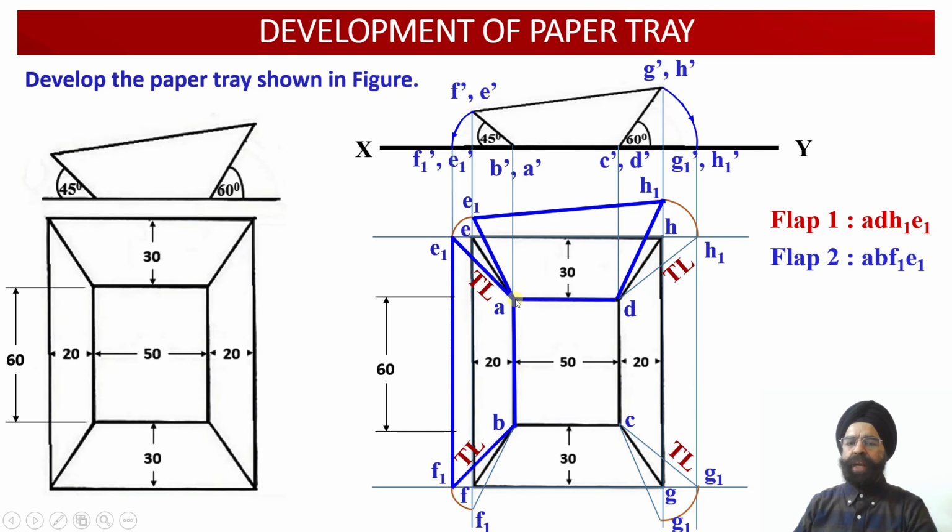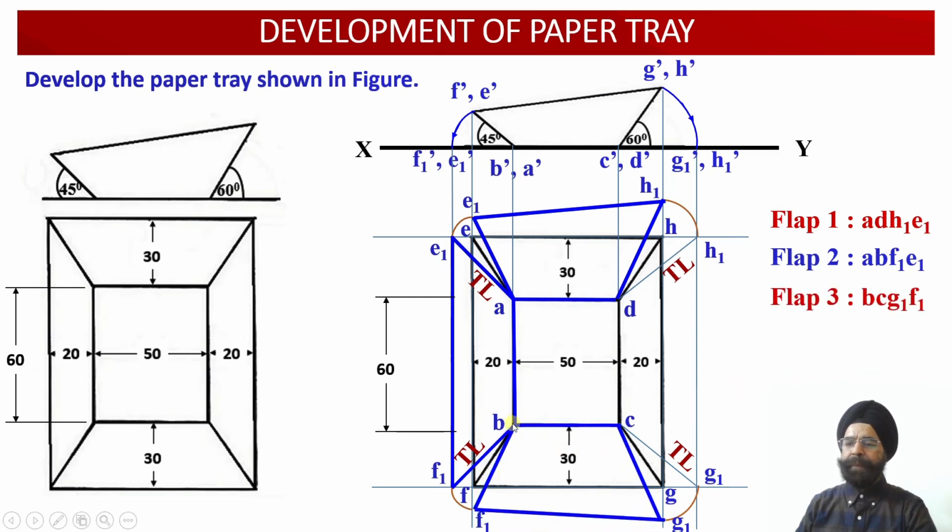Now the true shape of the surface ABFE happens to be ABF1 and E1 over here. So this way, now the true shape of surface number 2 or flap number 2 of the paper tray has been obtained as ABF1 E1 over here.